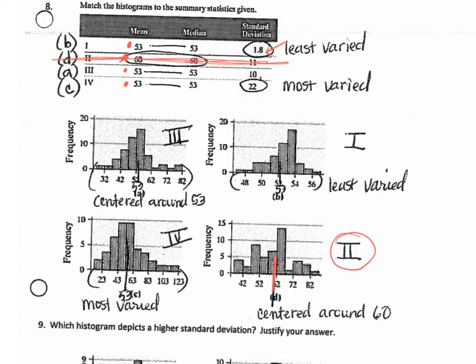Because this scale over here in picture B only spans 8 values. This one in picture A spans 50 values, and this one in picture C spans 100 values. So that in itself changes the average distance from the mean. So that's why this least varied goes with B, and the most varied goes with C.